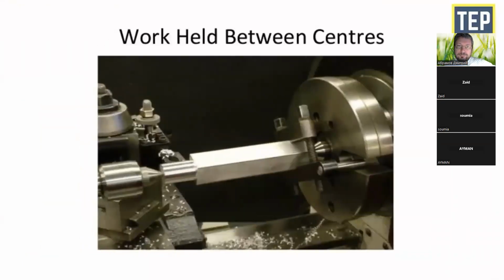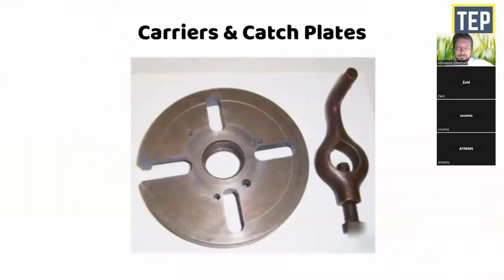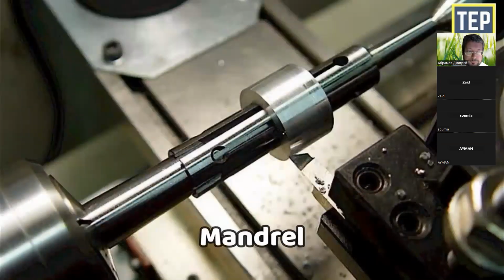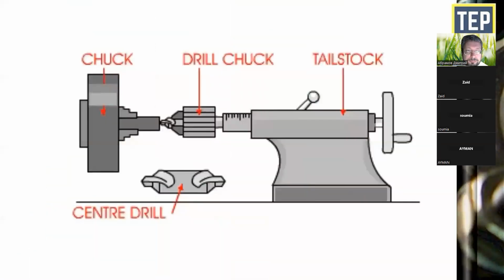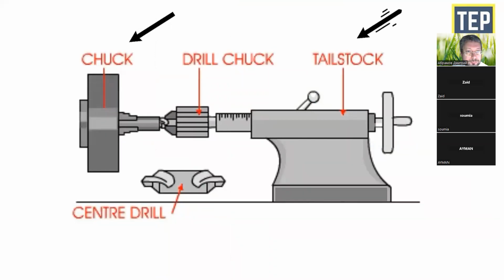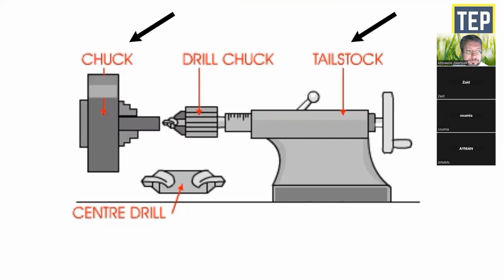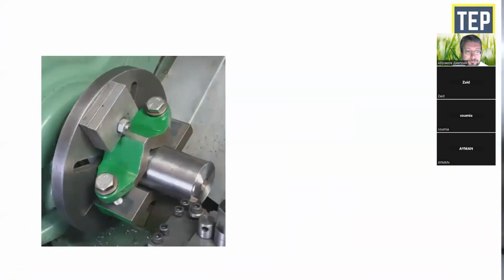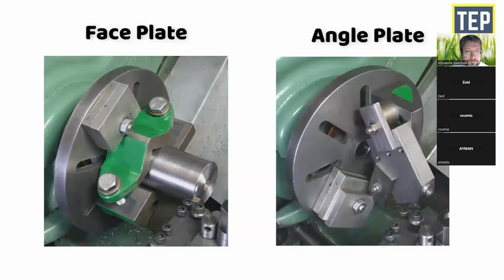Workpiece held between centers and driven by carriers and catch plates. 2. Workpiece held on a mandrel, which is supported between centers and driven by carriers and catch plates. 3. Workpiece held and driven by a chuck, with the other end supported on the tailstock center. 4. Workpiece held and driven by a chuck, or a faceplate, or an angle plate.